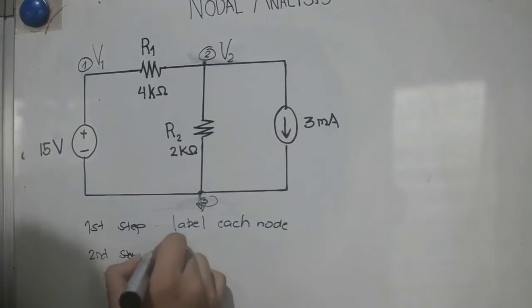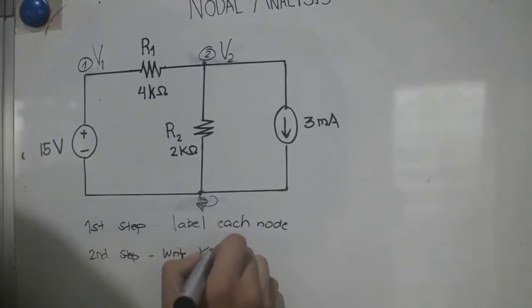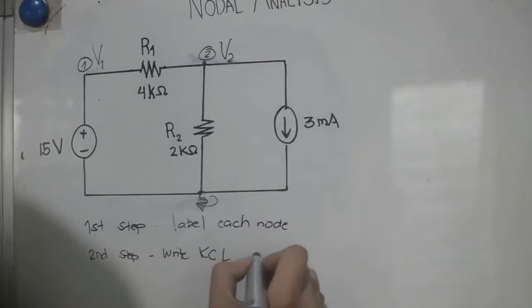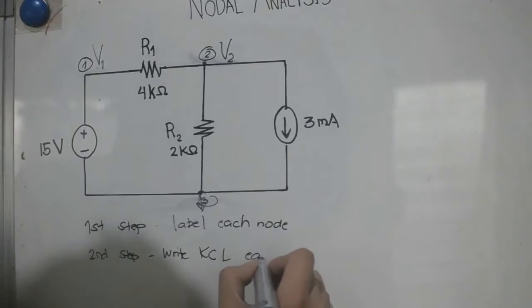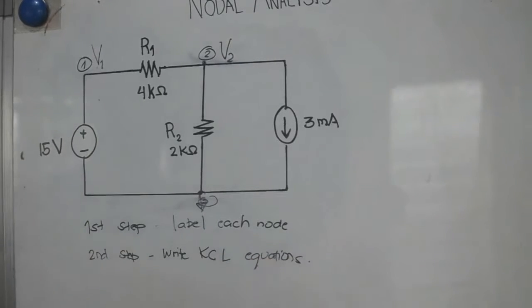The second step is to write KCL equations, except for the reference node. This is done by applying Kirchhoff's current law equation first, then use Ohm's law.